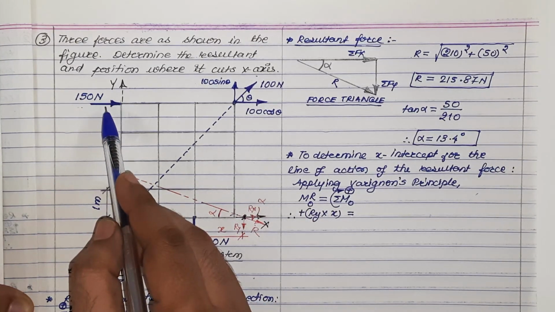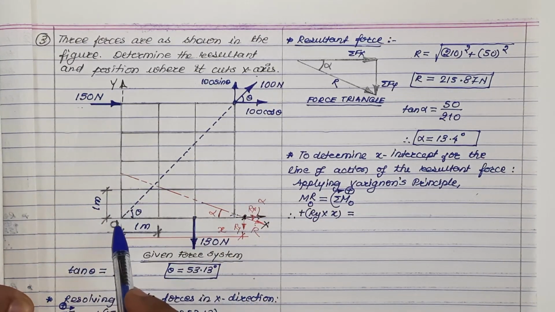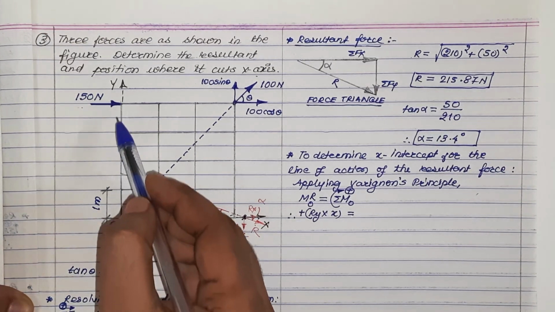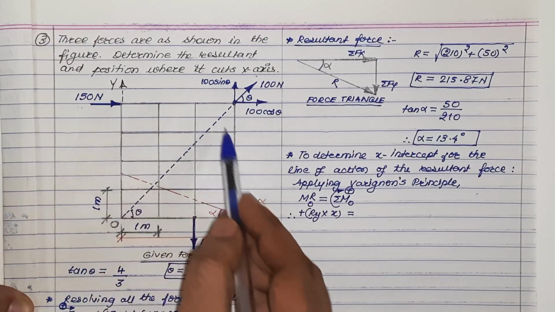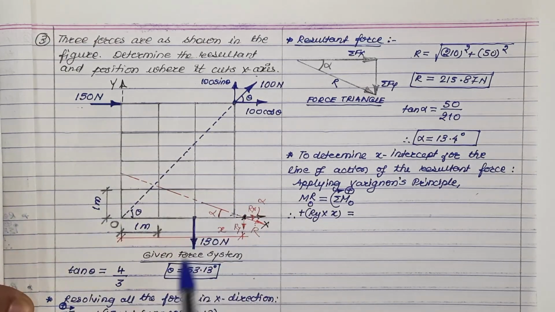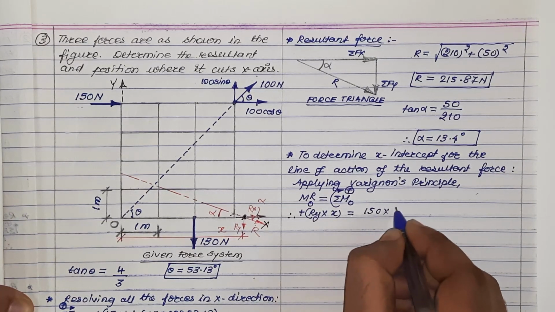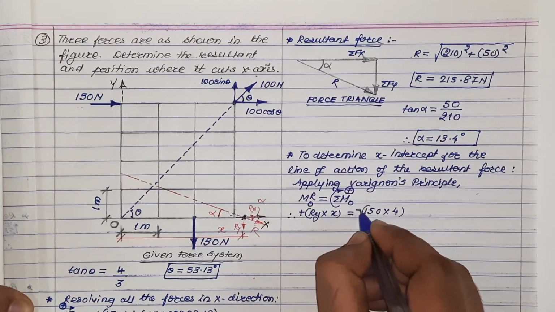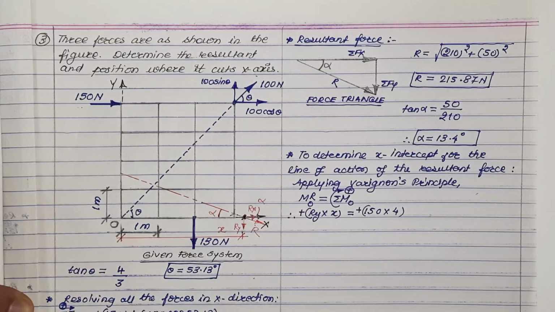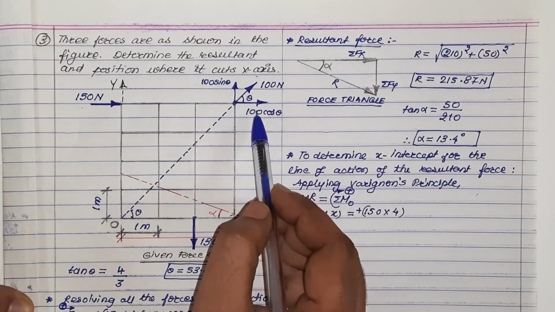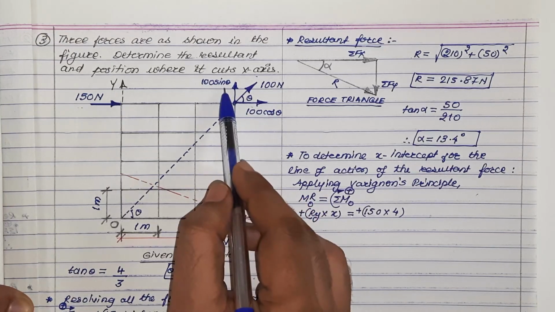So 150 Newton is the first force. Its moment about moment center O we want to find out. The perpendicular distance is 1, 2, 3, 4 meter, and it is going to create a clockwise moment. Hence 150 multiplied by 4 clockwise. Thereafter 100 Newton has two of its components, 100 cos and 100 sin.